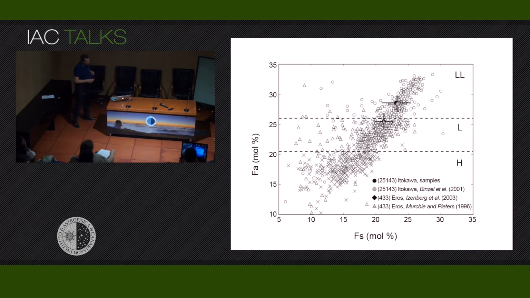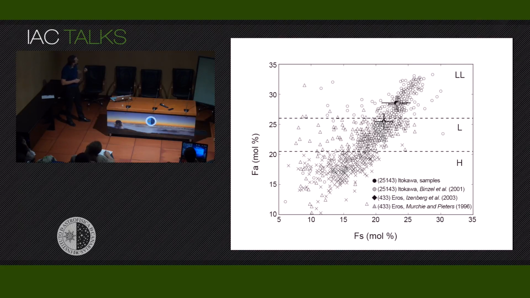We have the meteorite connection here. So how do the asteroid spectra for Itokawa and Eros compare to certain meteorite classes H, L, LL? And you can see that there was a question about Itokawa, whether it would be here or here.